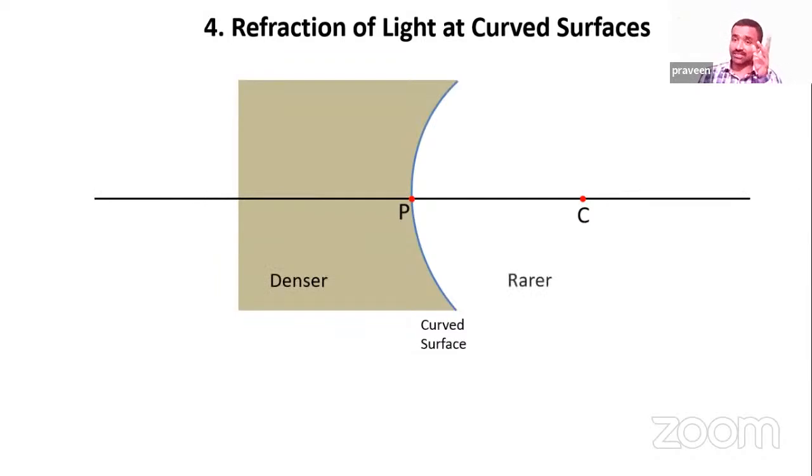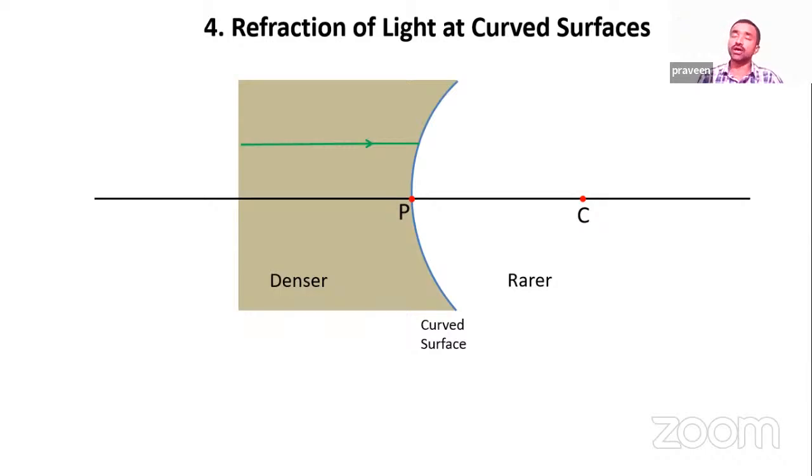In the previous case, I considered the medium towards the convex surface side as the rarer medium. Now towards the convex surface, I have the denser medium and on the concave surface side, the rarer medium. Same light ray, parallel to the principal axis, incident on the convex surface. Then what happens?